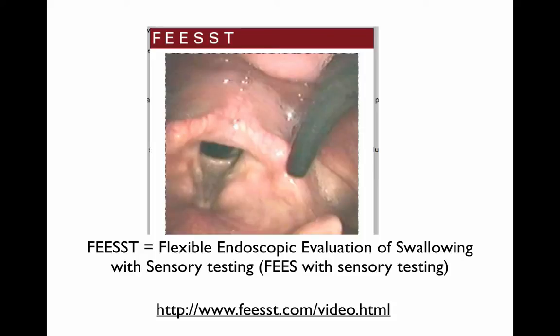I do want to take a moment to say something about FEAST, which is very, very similar to FEES, flexible endoscopic evaluation of swallowing, but it is with sensory testing. Now in this view, I'm going to point out a couple of things.